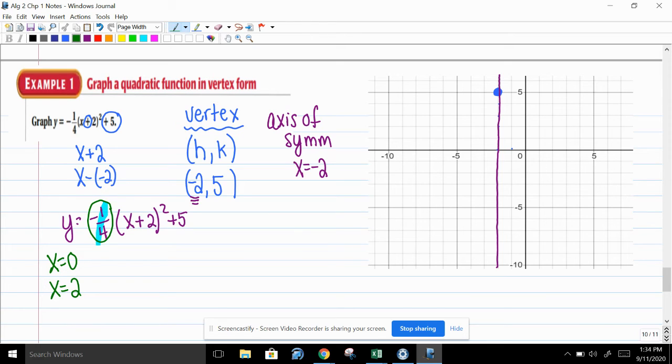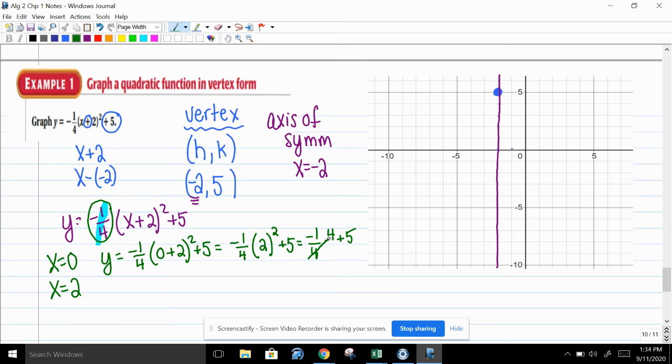So when x is equal to 0, y is equal to negative 1/4, 0 plus 2 squared plus 5, which would equal negative 1/4, 0 plus 2 on the inside of parentheses is 2 squared plus 5, negative 1/4, 2 to the second power is 4 plus 5.